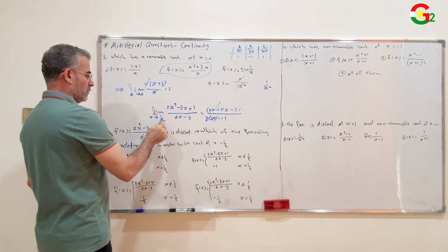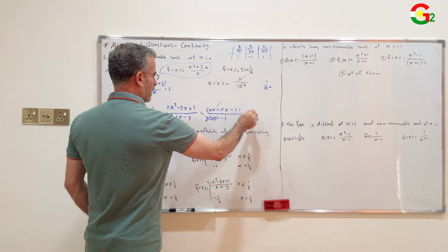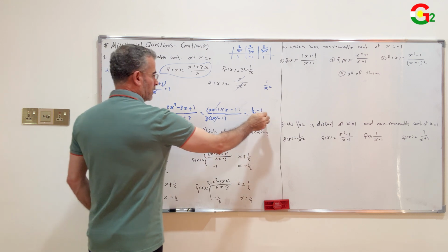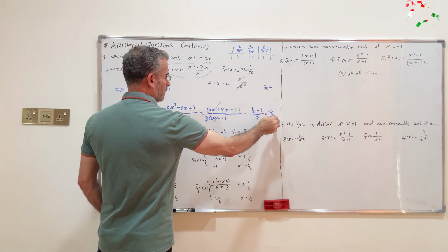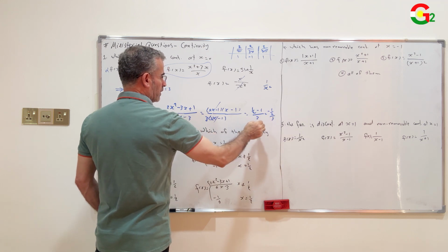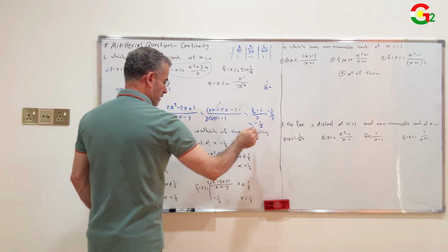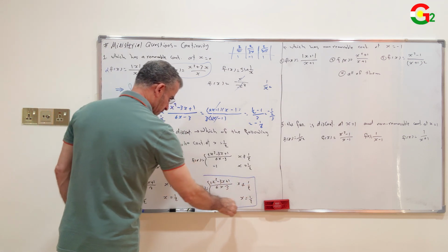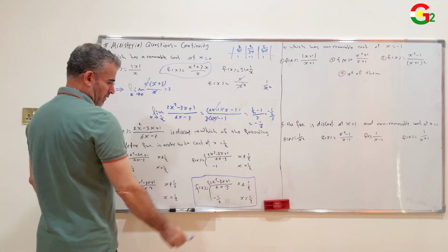Substitute every x with 1/2. The answer will be 1/2 minus 1 over 3, equal to negative 1/2 over 3, equal to negative 1 over 6. Then the right choice is D.